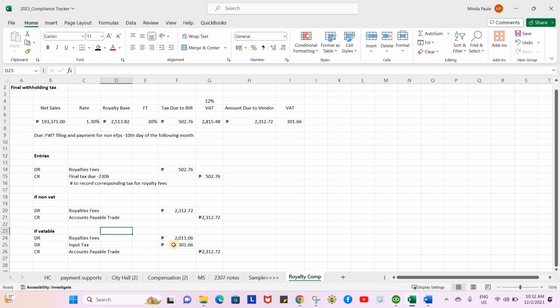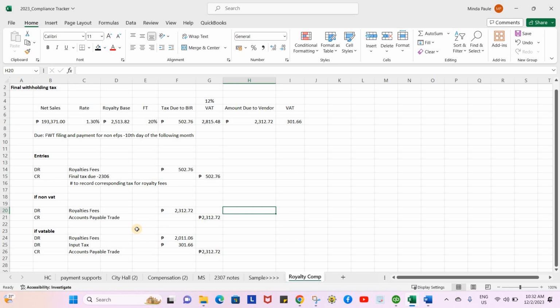So, kaya ito yung input tax mo na 301.66, ito yon na output tax niya, yung royalty fees mo na 2301.06, na yung difference nga nung binayaran mo, and then that accounts payable trade would be 2312.72. So that's how royalty fees are recorded.